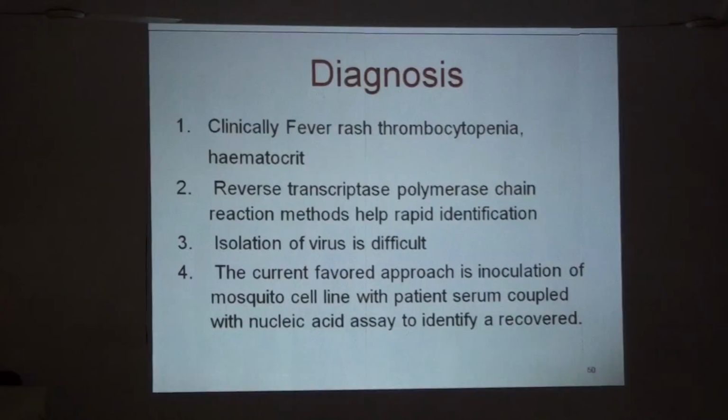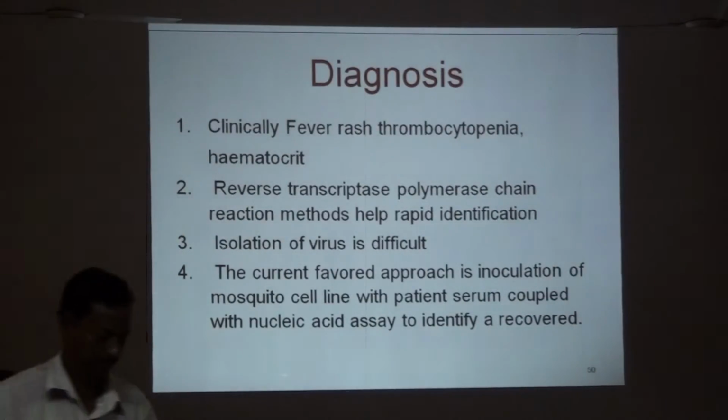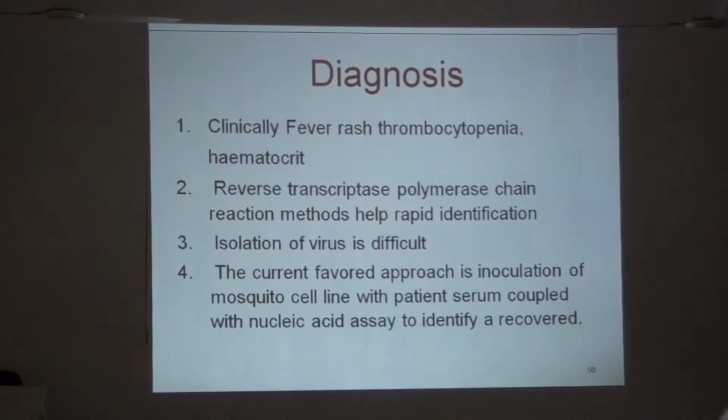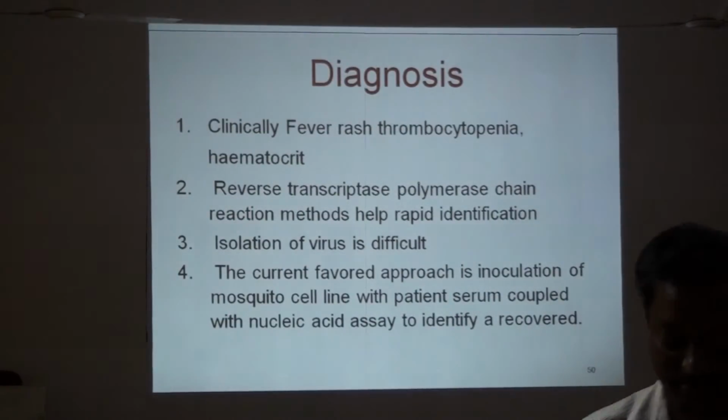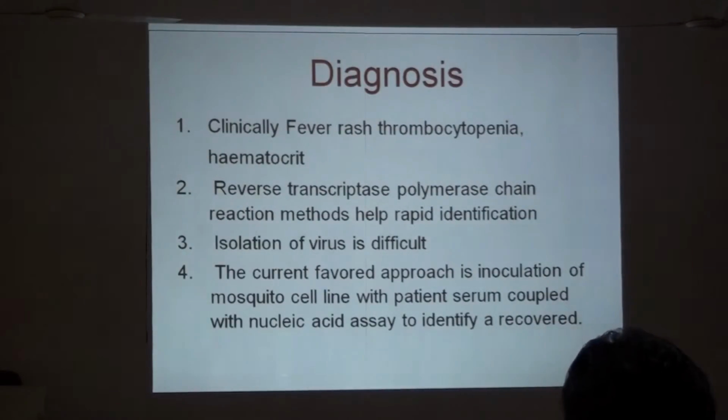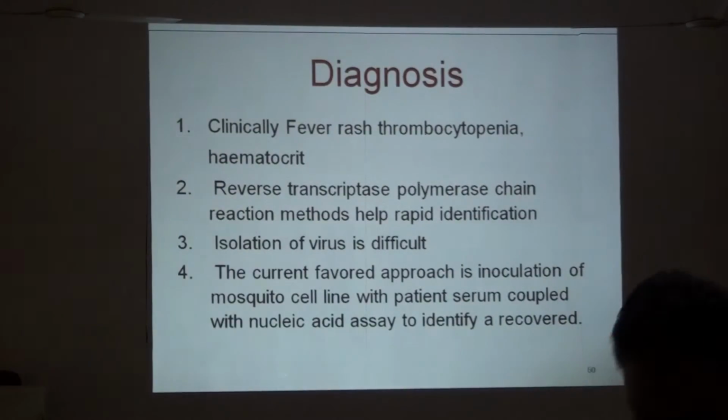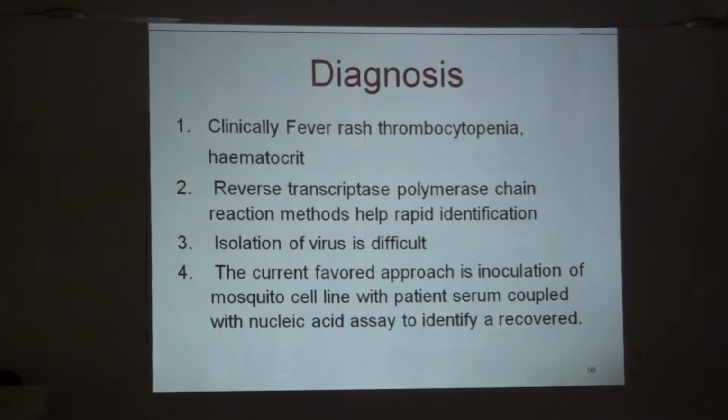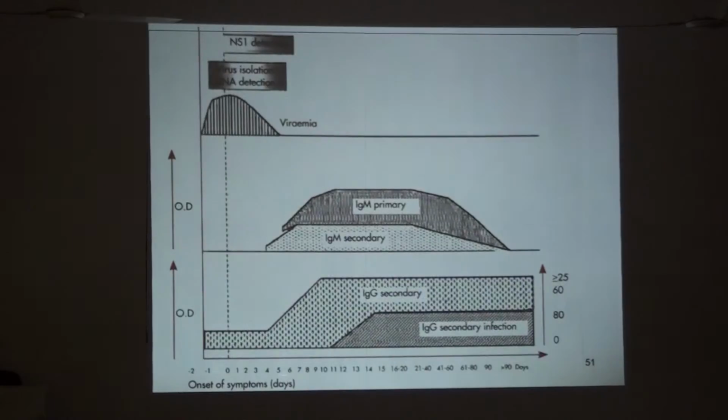The diagnosis of dengue virus is similar to that of all arboviruses. First is the clinical features. Second is serology. Third is isolation of the virus by culturing, and fourth is the detection of RNA.